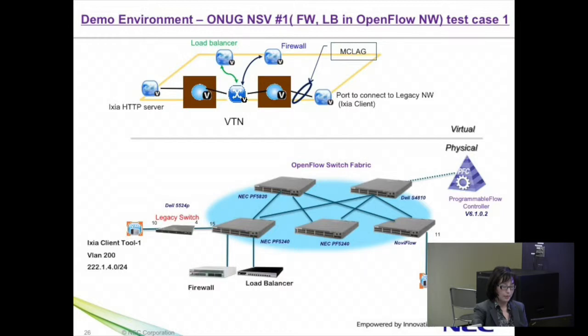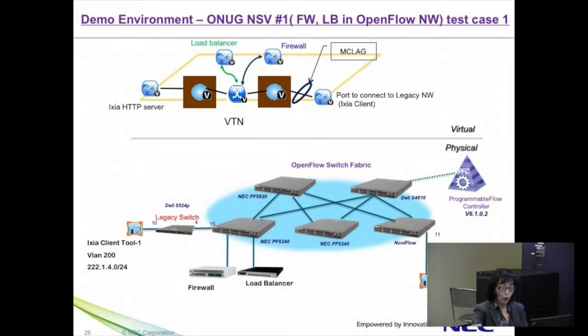This virtual component maps to the physical port. If you see here, the client and server are located in different subnets. This is a layer 2 component coming from this subnet, and this is the other layer 2 component coming from the other subnet.